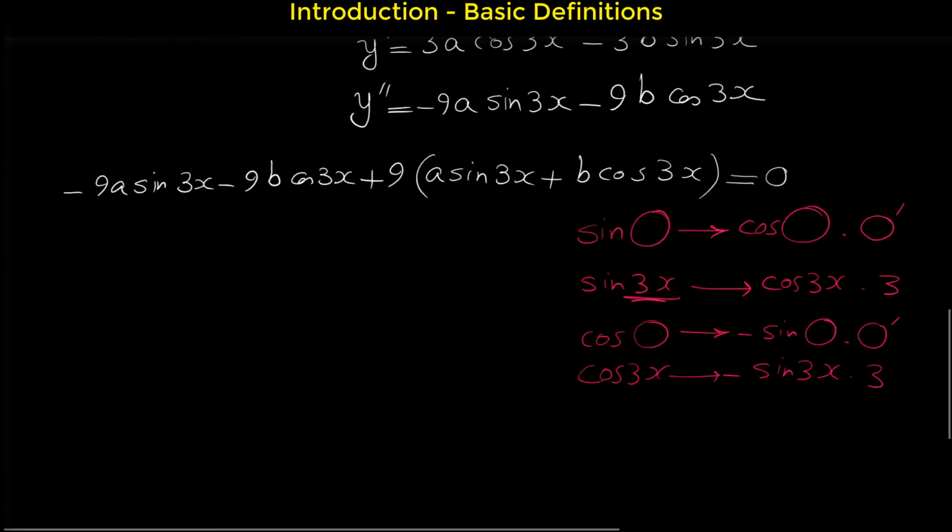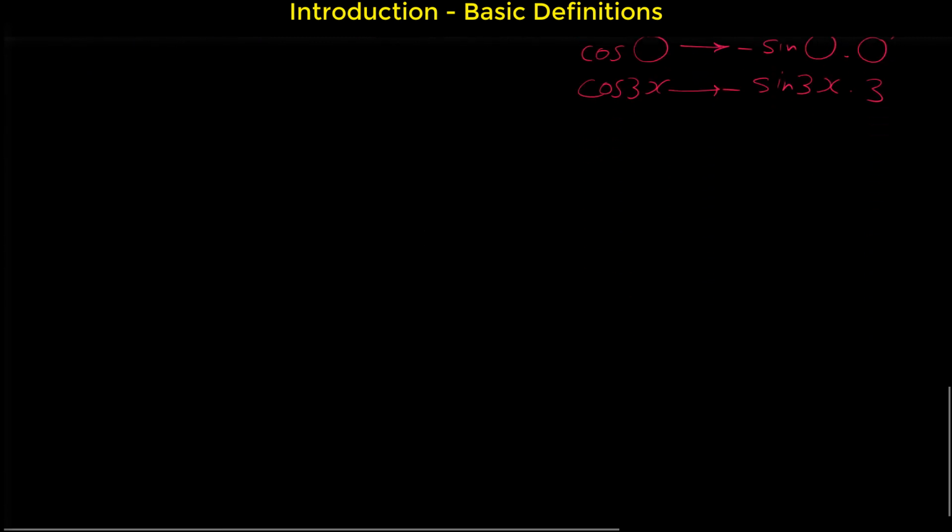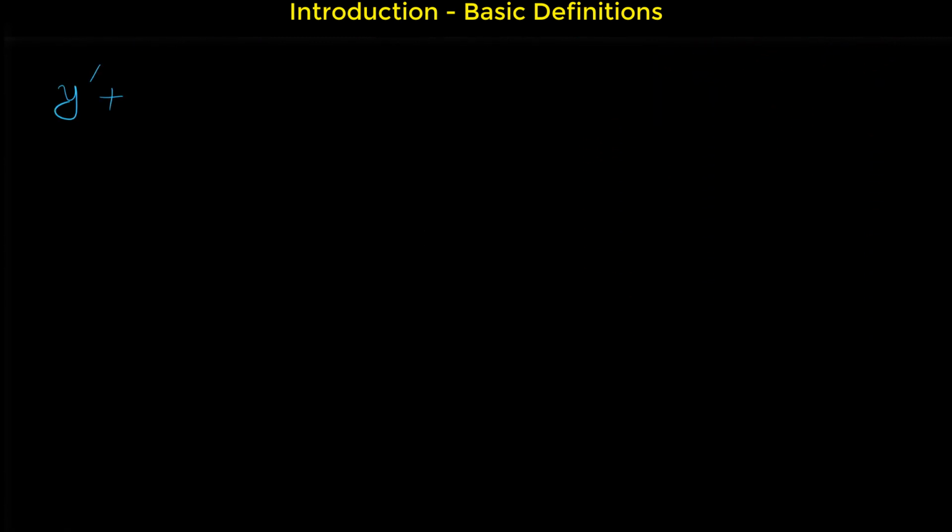Now let me show you another example. This differential equation is given: y prime plus 2x y squared equals 0. And we are given this function as a solution for that differential equation.